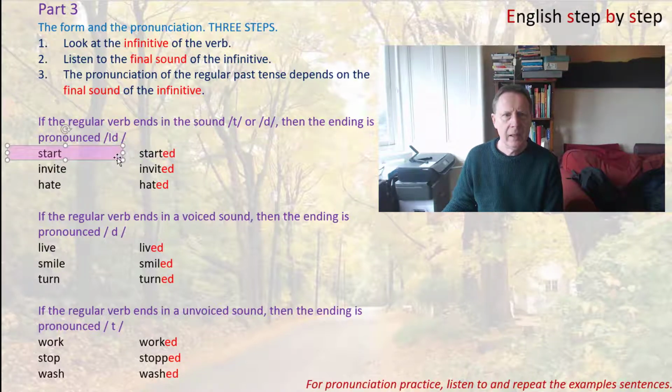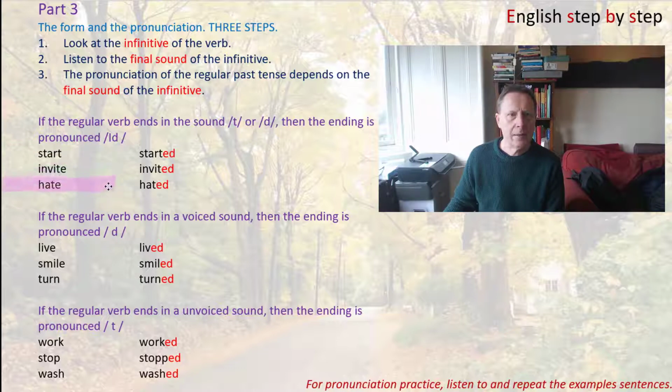For example, here on the left, and in all of this video lesson, the infinitives will be on the left. Start, invite, hate, live, smile, turn, work, stop, wash. These are all infinitives.